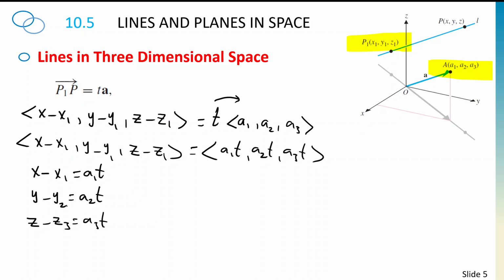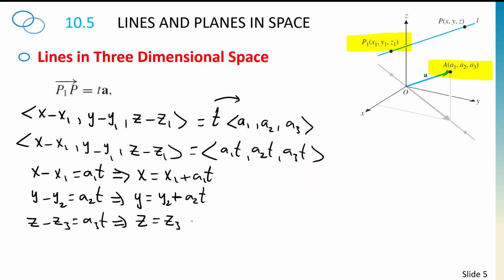Now if I need to solve these equations for x, y, z, so x will be equal to what? x1 plus a1t. The second one is y equals y1 plus a2t. And lastly, z equals z1 plus a3t.